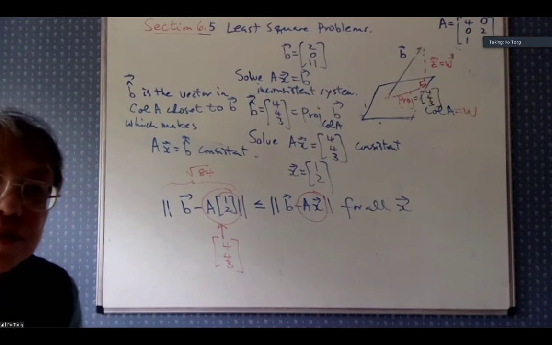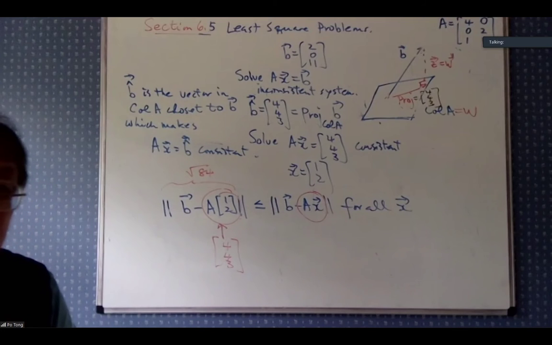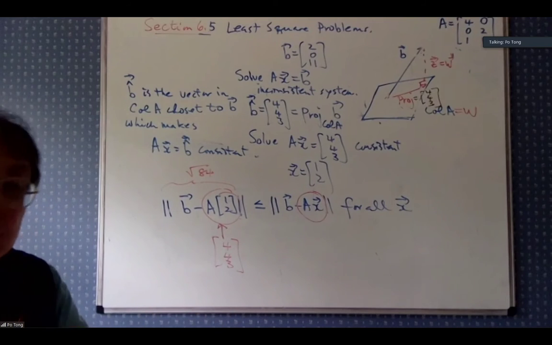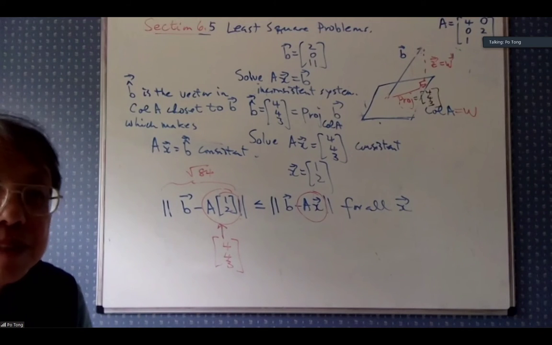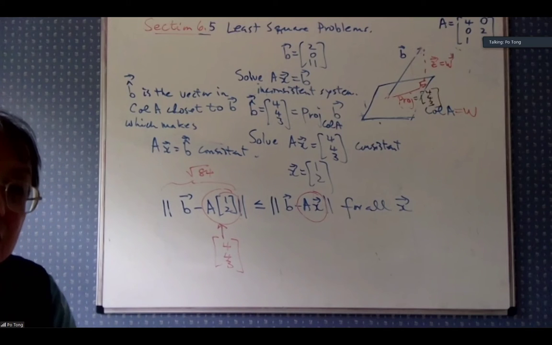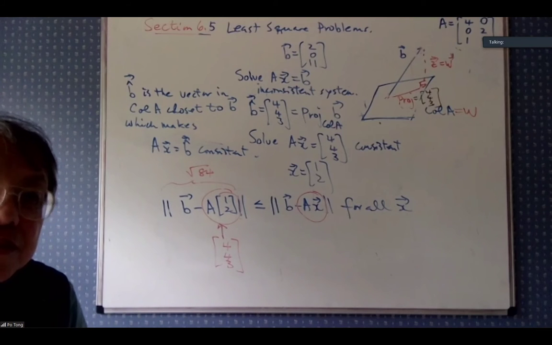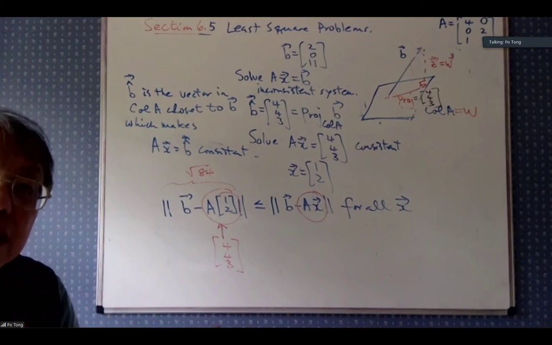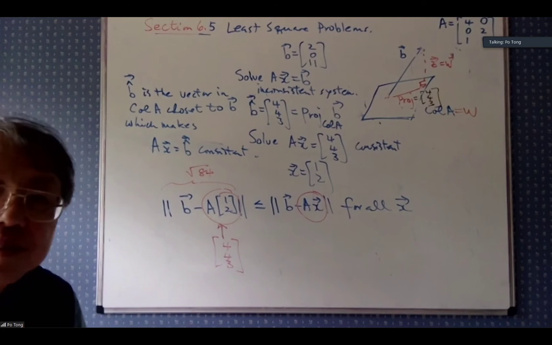So all those things that you do in Excel, where you fit a bunch of points using a straight line, can be done using either calculus or linear algebra. The way using linear algebra is much faster, cleaner and nicer. With calculus you can do it, you just take a lot of partial derivatives.